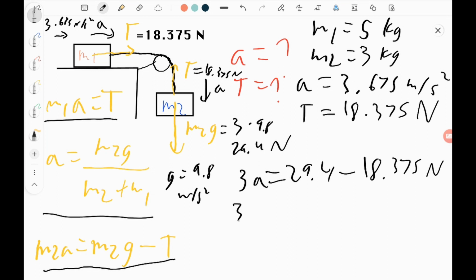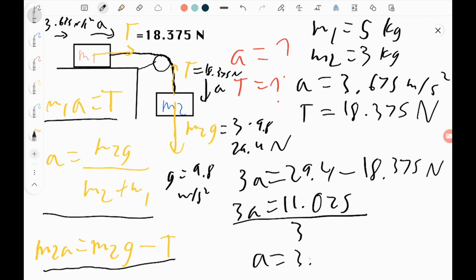So we get that 3A is equal to, subtracting on both sides, I didn't put units for all of these, but anyway, 3A is equal to 11.025, and if you divide by 3, you'll get that A is indeed equal to 3.675 meters per second squared as well, downwards, as we define our positive direction to be.